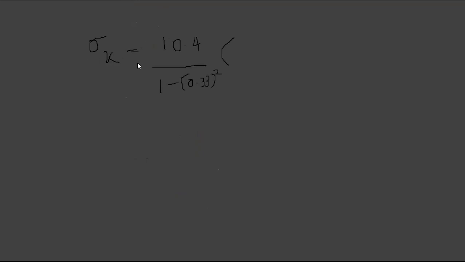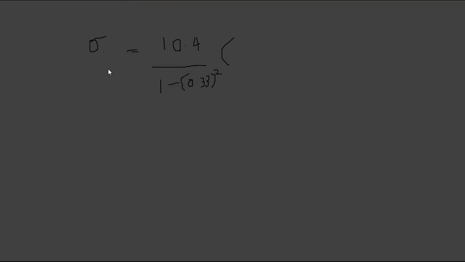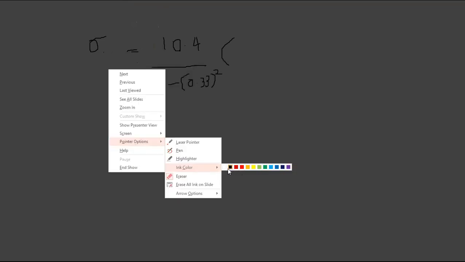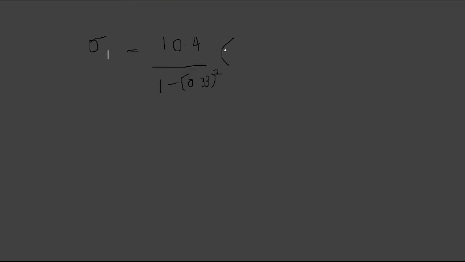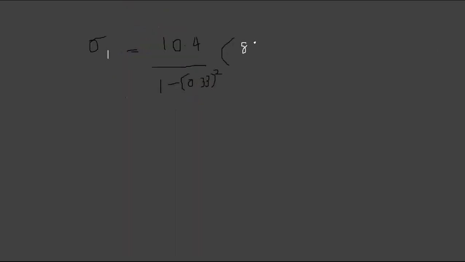You can't actually say this is x, because these are not in the x directions. Since we have principal strains, let's say epsilon 1. So our major principal strain is 843, plus mu times the other, would give you something around 54. This is the stress.